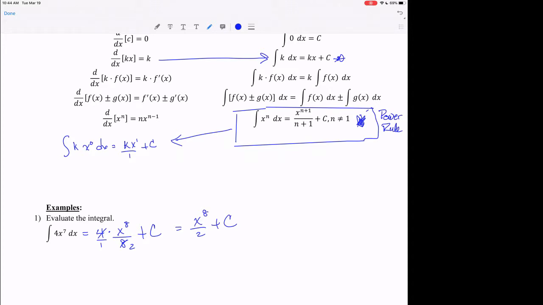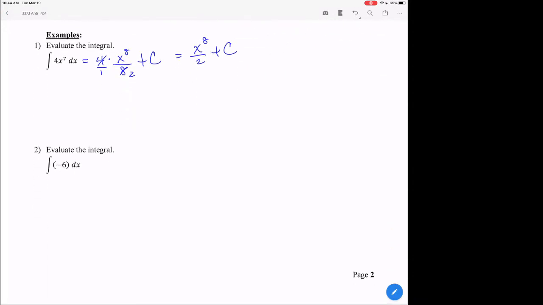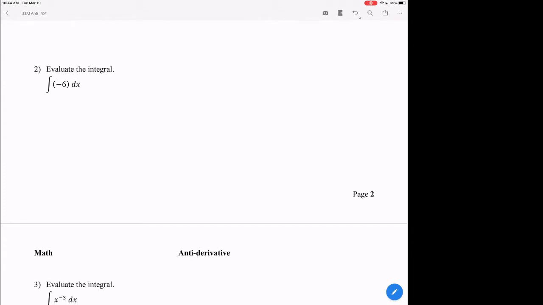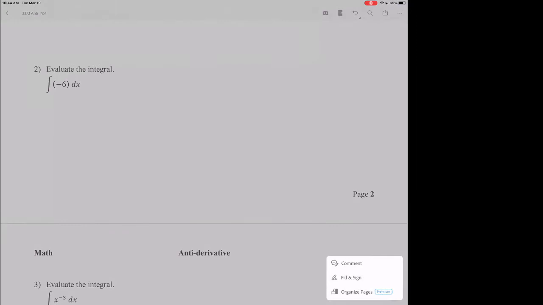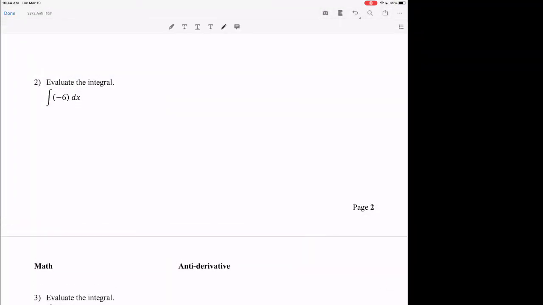It's not hard. You're going backwards. Okay? Here, what's my assumed exponent? It's x to the 0, right? I add 1 to x to the 0, so I have x to the first. Divide by 1. It's over 1.